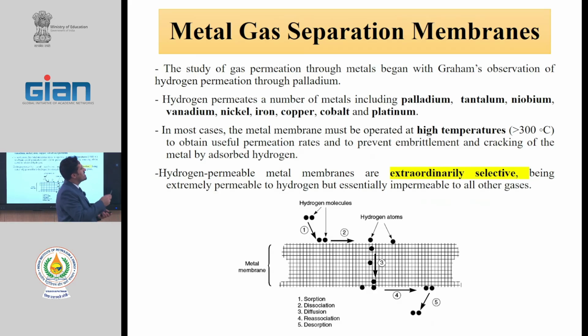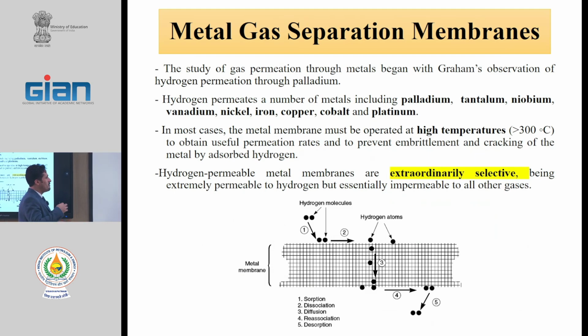In this mechanism, hydrogen goes to the membrane surface and dissociates to hydrogen atoms. Hydrogen atoms pass through the membrane, and on the permeate side, again, hydrogen atoms connect together and produce hydrogen molecules. This takes place only on the surface of these metals, and this membrane is expensive, but mostly used in petrochemical processes, for example, in the Haber process for fabrication of ammonia.